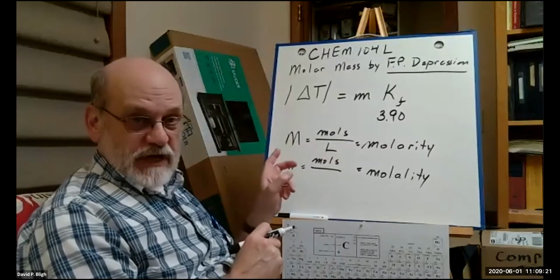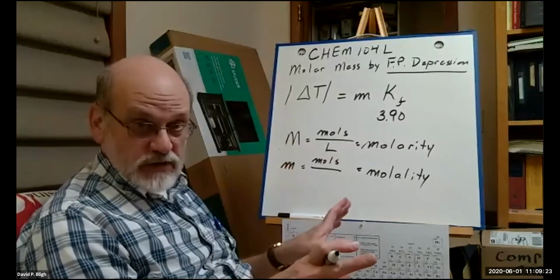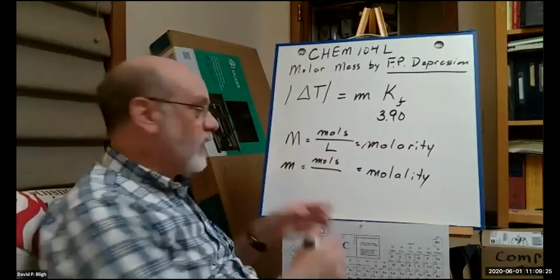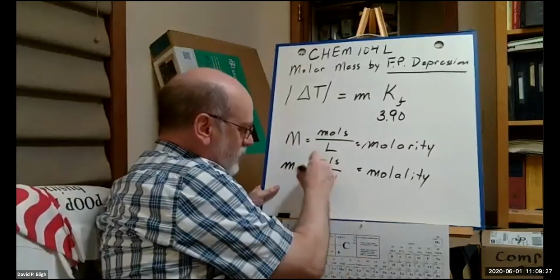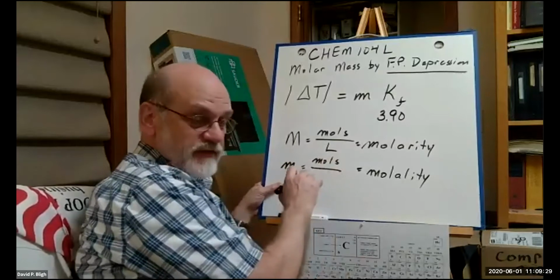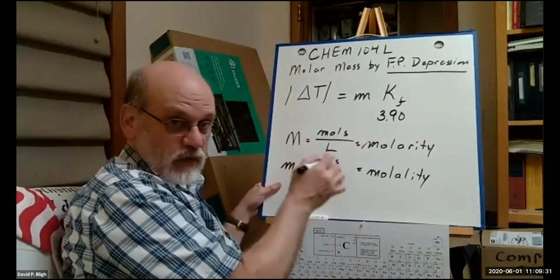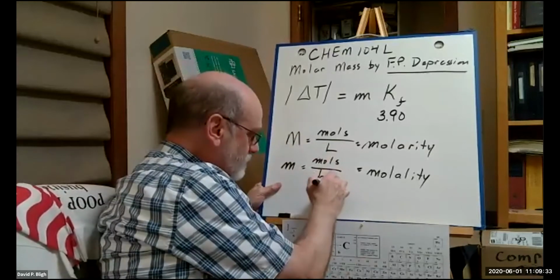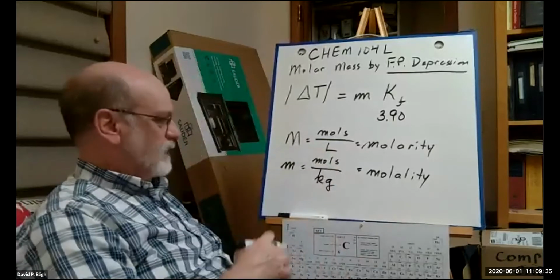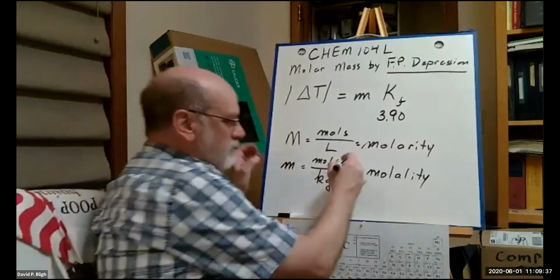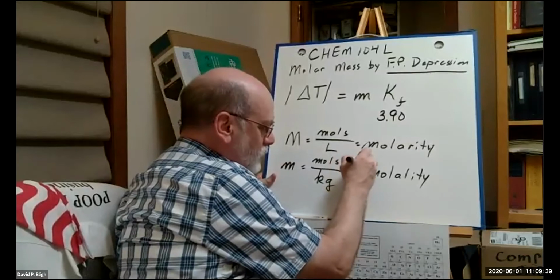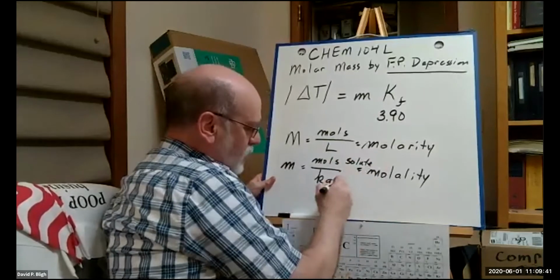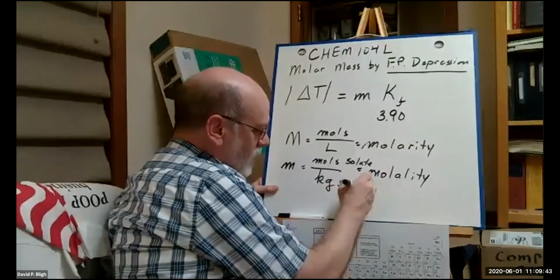And as the temperature changes, the mass does not change. That's what we want. So in the denominator, we have mass, and it's in the units of kilograms. Okay? So this is moles of the solute per kilogram solvent.